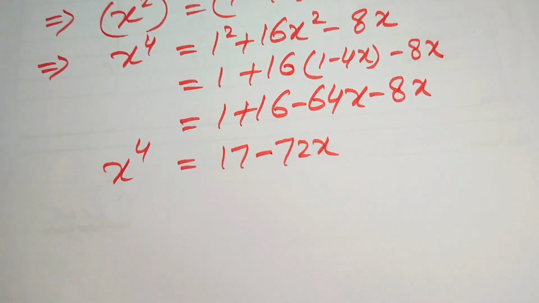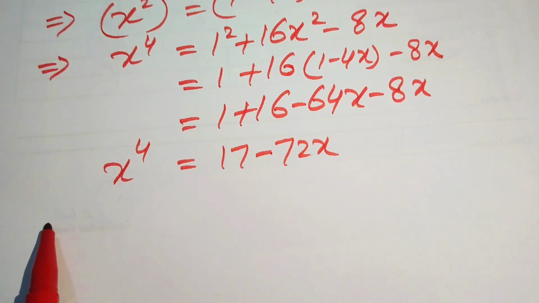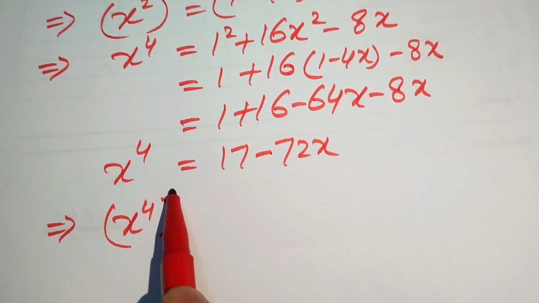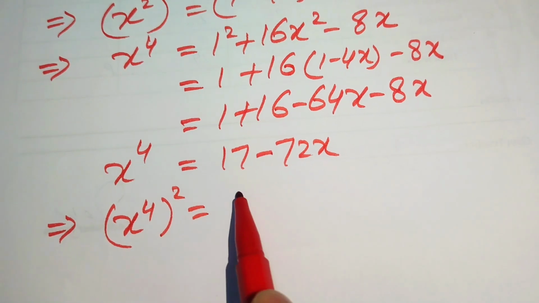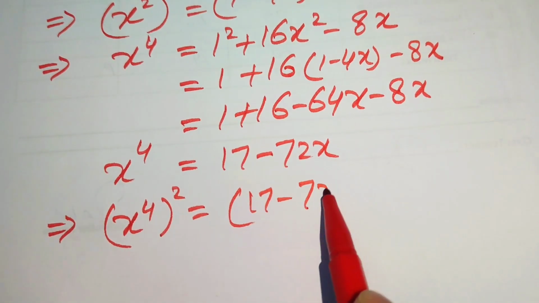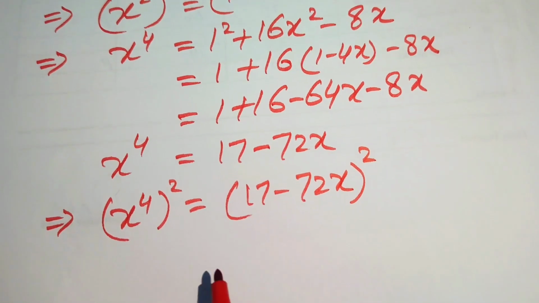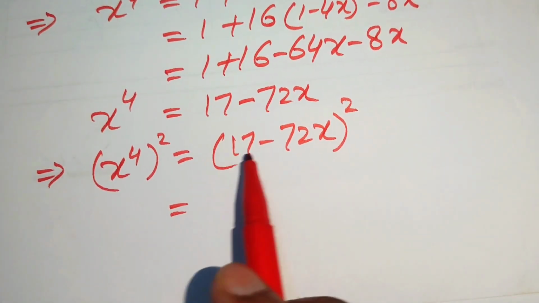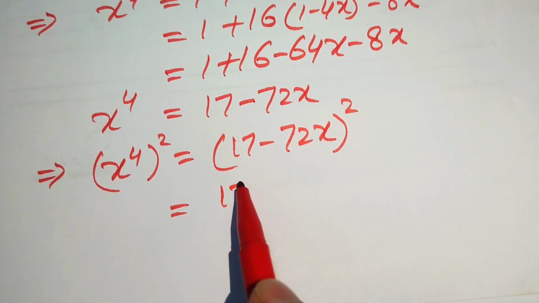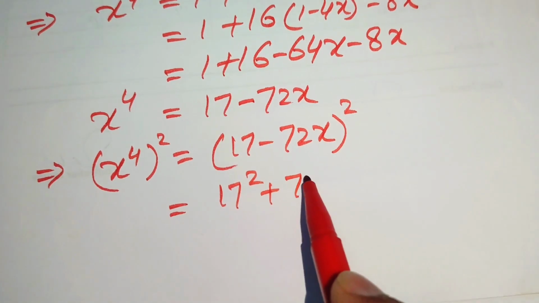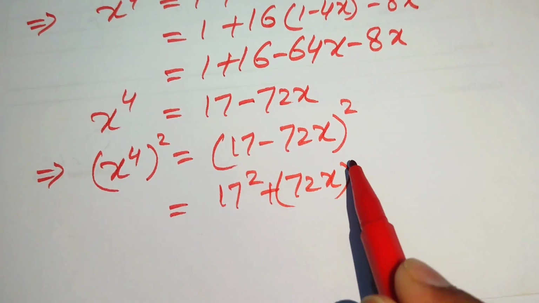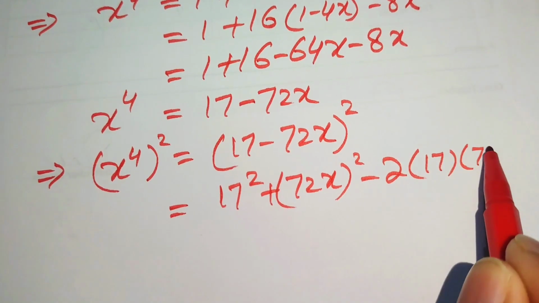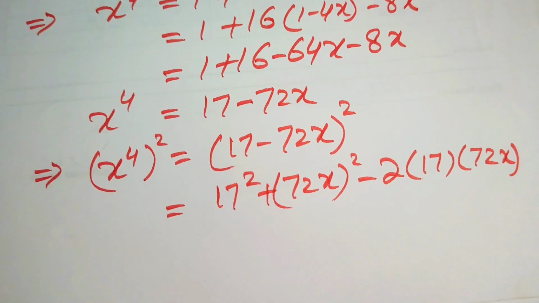Okay, so in order to find the value of x to the power of 8, we need to take squaring again on both sides, so you get (x to the power of 4) square equals (17 minus 72x) whole square. Now we need to expand the square of this term. So you get 17 square plus (72x) whole square minus 2 into 17 into 72x.